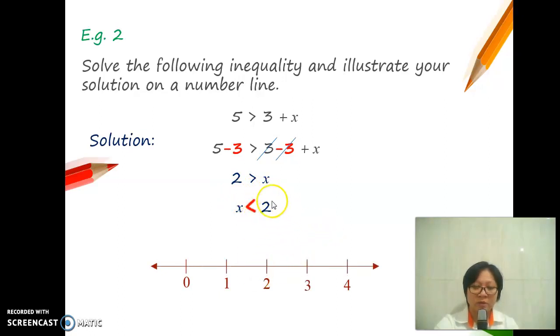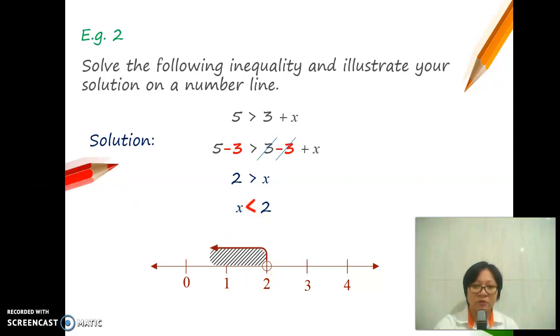So take a look at the number on the right side of the inequality sign, 2. Use an open circle. And then the inequality symbol looks like an arrowhead pointing to the left. So it tells you to go to the left and then shade the region.